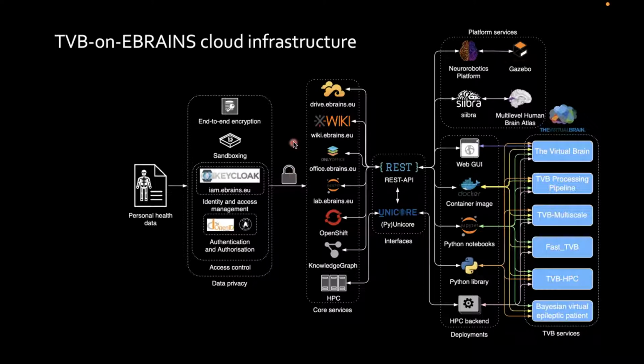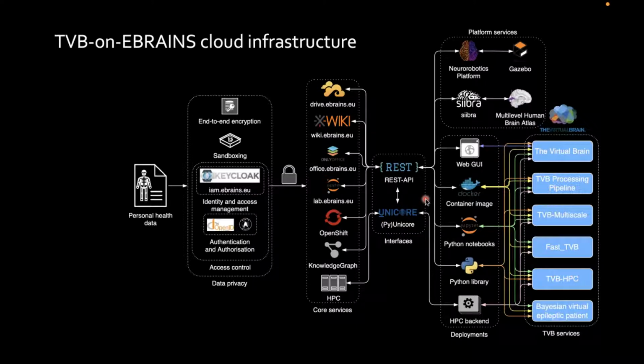Therefore, a lot of effort has to be made to protect the privacy of this data, like end-to-end encryption, sandboxing, which we'll talk about later, and also identity and access management, making sure that only persons who have a lawful basis can access the data.